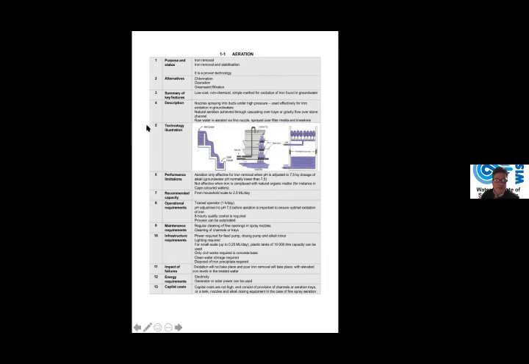Description, then it tells you briefly what the process entails. It shows some of the illustrations there that show how you can aerate the water, either through a mixing race falling down or a cascade tray system that you can use. It gives you performance limitations there, only effective when your pH is higher than 7.5, for instance.